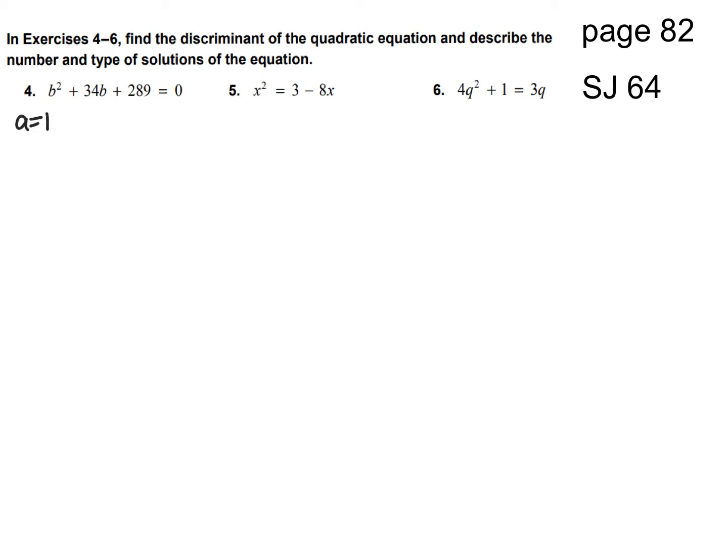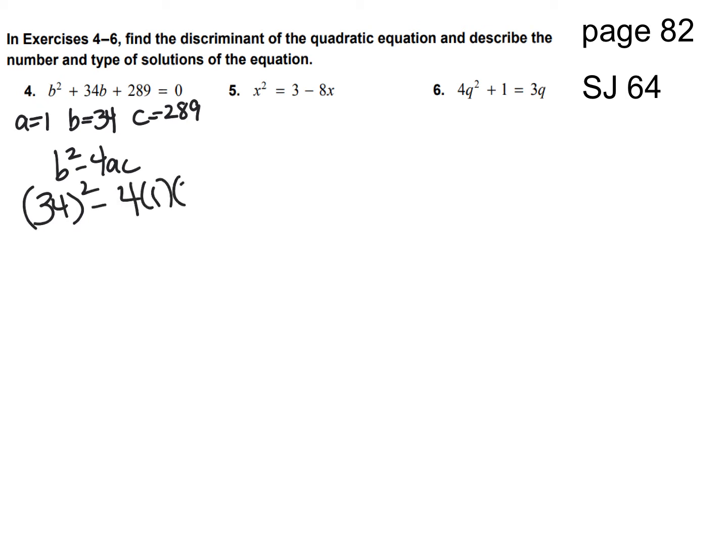So A is 1, B is 34, C is 289. I'm going to do B squared minus 4AC. 34 squared minus 4 times 1 times 289.